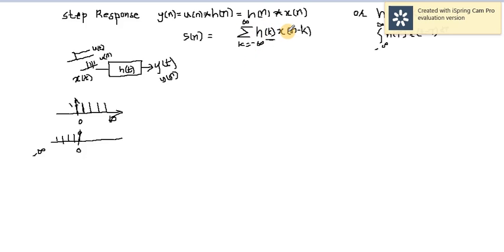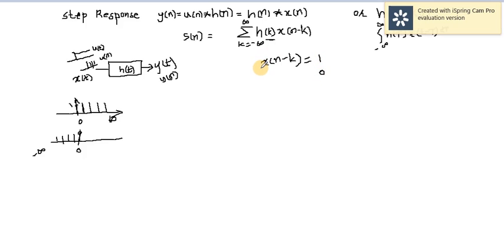Now let's consider this x of n minus k signal. It can take two values: either x of n minus k can be equal to 1 or it can be equal to 0.